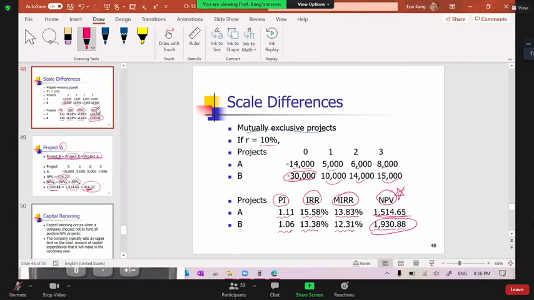They invest $30,000 compared to $14,000, right? The minus is just the direction, your cost. So for B your investment is 30,000, and for A your investment is 14,000. So B is a lot bigger because you invest more, which means a bigger project. Okay, got it. Good question. You are correct: minus 30,000 is smaller than minus 14,000, right?